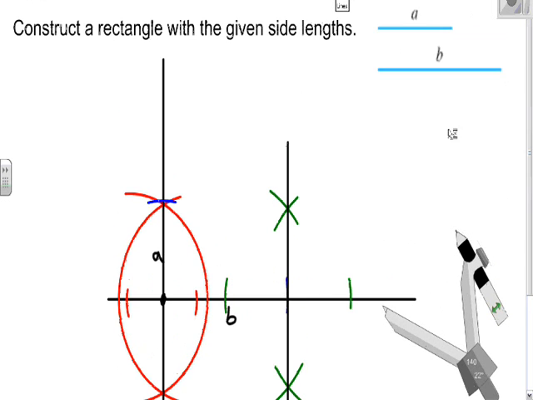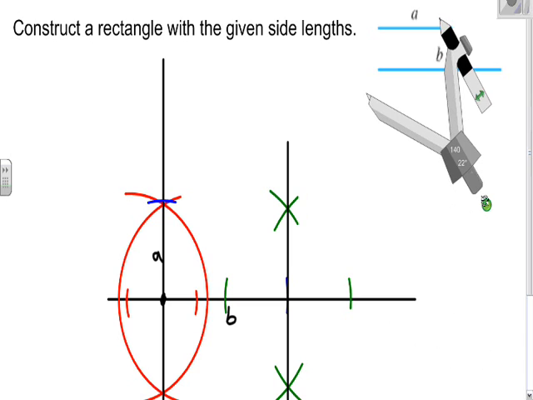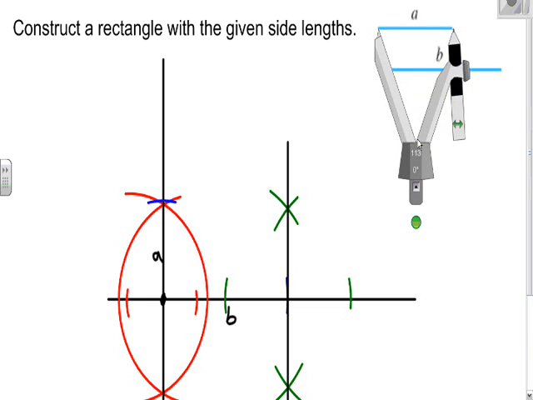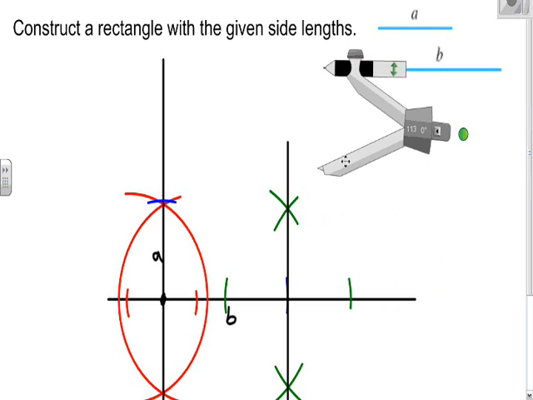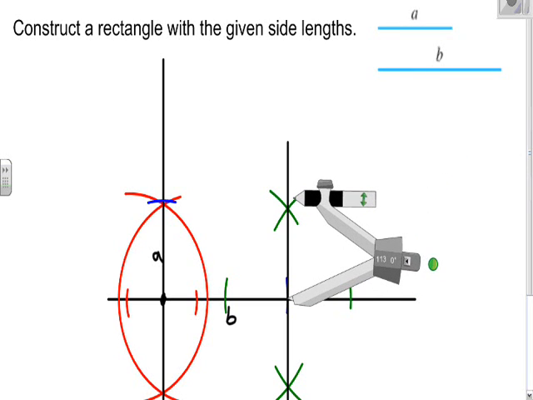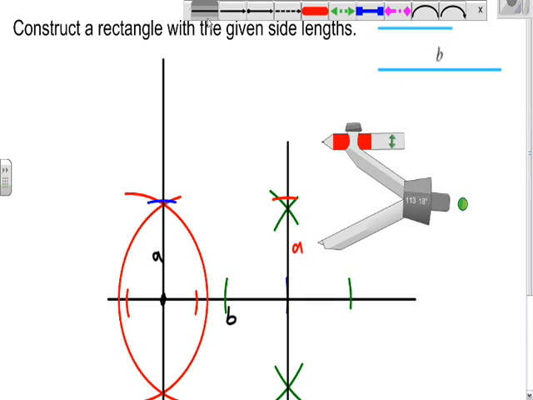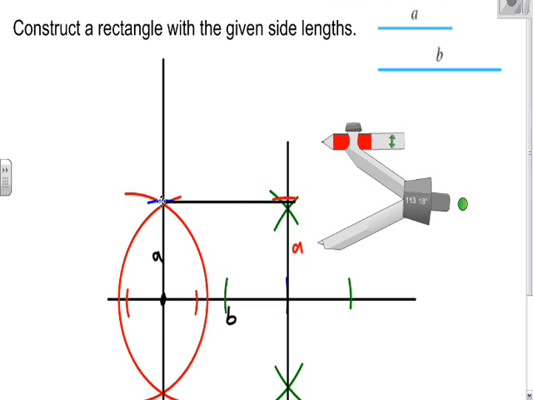Measure out length of A one more time. And we don't need to draw another perpendicular because we already have, this is length A and this is length A. So if we just draw the final side that goes through there, we get our rectangle.